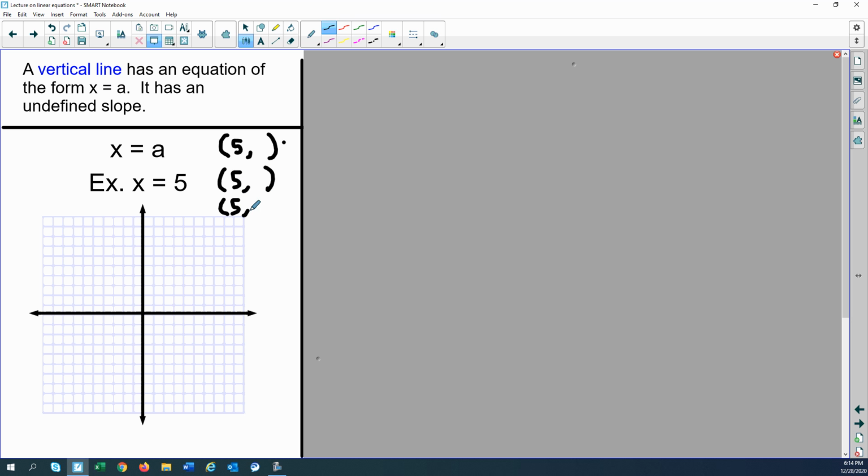We wouldn't be able to list all of these, but just to give you an idea, we have x, and then all of our y values. So it could be the point (5, -3), (5, 0), or maybe (5, 2). These are all points on the line x equals 5.